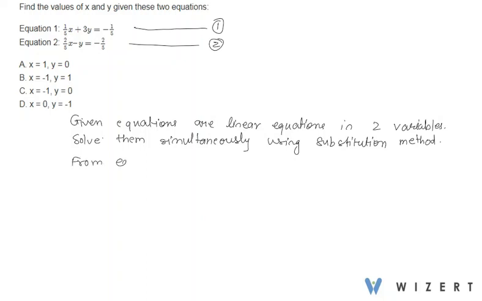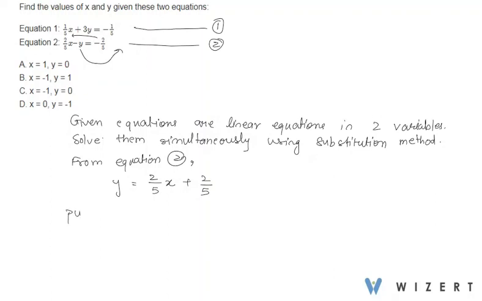From equation 2 we get y equal to 2 by 5x plus 2 by 5, by taking y over to this side and taking minus 2 by 5 over to this side. We get this.